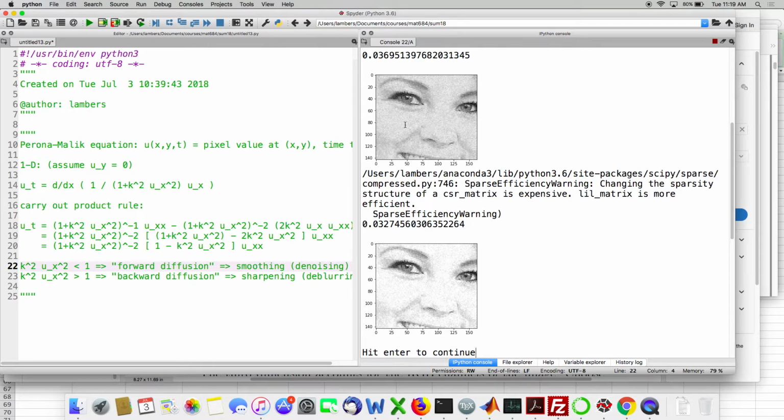Because if I took the original image and just scaled it down, it would be lower resolution, and I want to keep it high resolution. Also, using the original image at its original size leads to a very large matrix, something like 25,000 by 25,000, and that just slows the numerics down. So working with small image files at high resolution seems to be best, at least for experimentation.